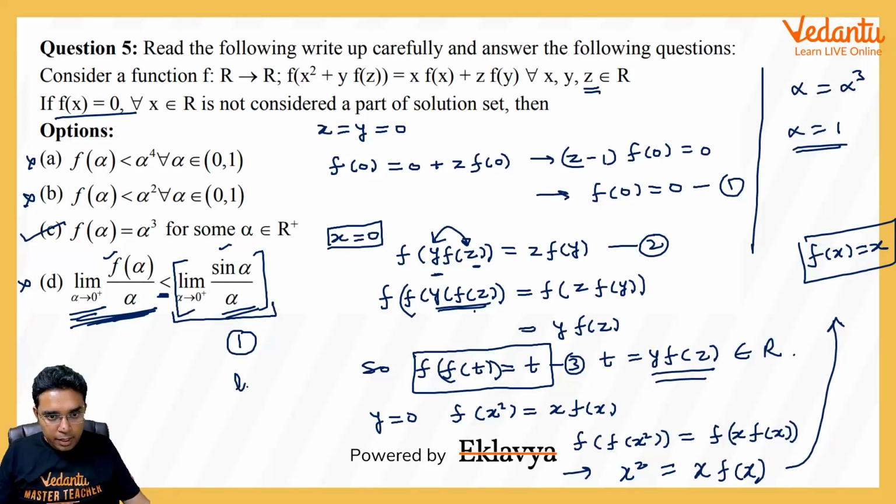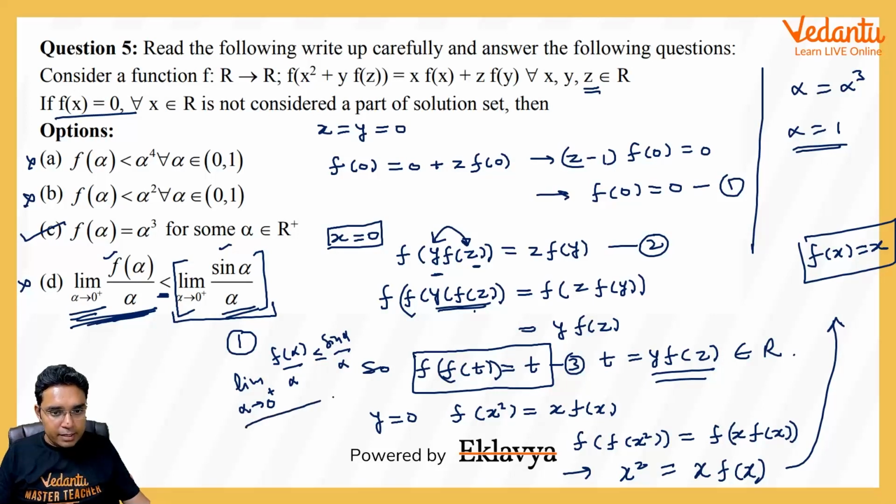Actually, if it was given like this, that limit alpha approaches to 0 plus and f alpha upon alpha is less than or equal to sine alpha upon alpha, please see.